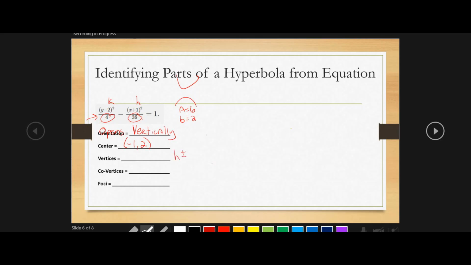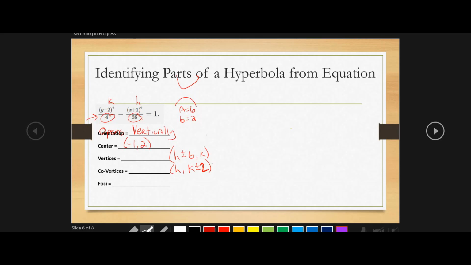So it's going to be H plus or minus A, comma, K. And then it'll be H, comma, K plus or minus the B value, which in this case is 2. So unlike the ellipse, in the ellipse the bigger number was always with the direction it opened or had the orientation for. That's not the case with this.